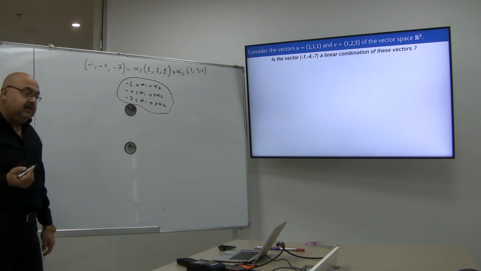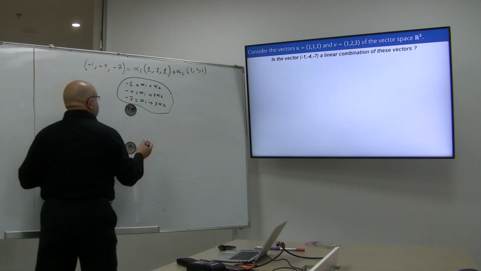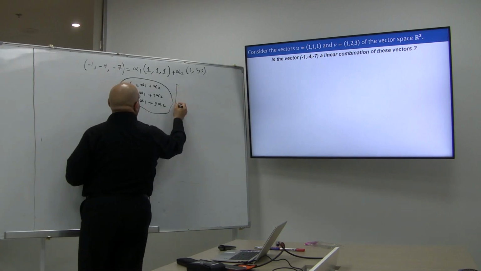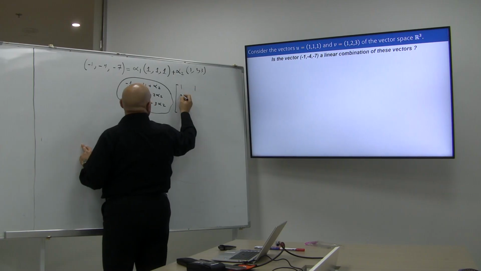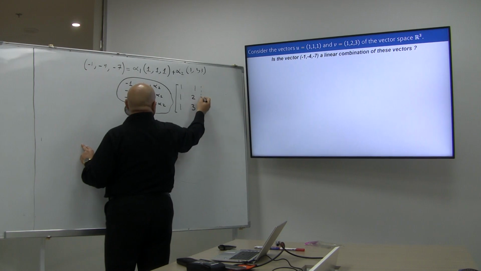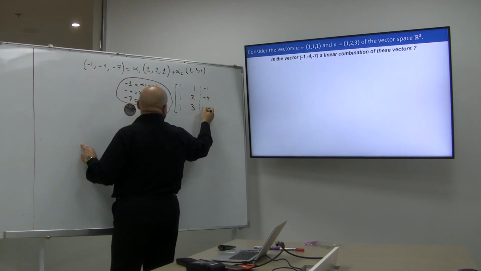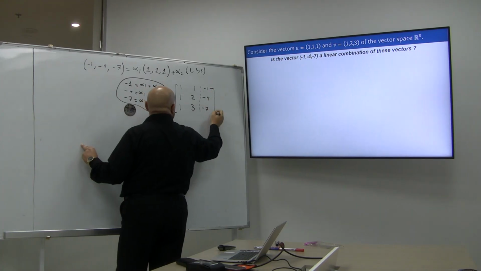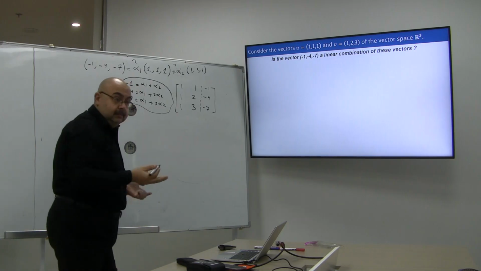I will solve it for alpha 1 and alpha 2. So I can write the augmented matrix, which is rows (1, 1), (1, 2), (1, 3), and the results for this augmented matrix are -1, -4 and -7. Now I'm solving for the correct values of alpha 1 and alpha 2.